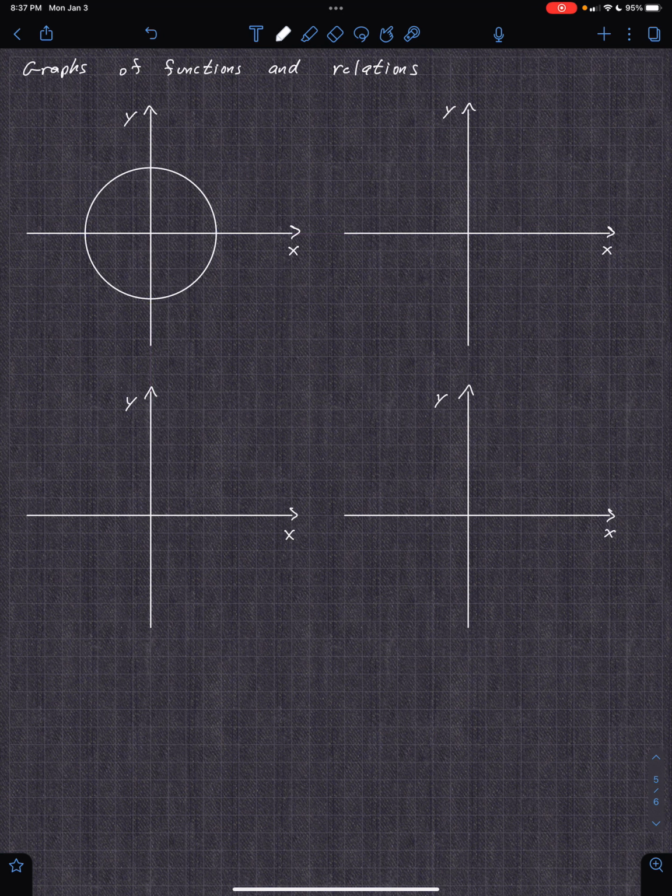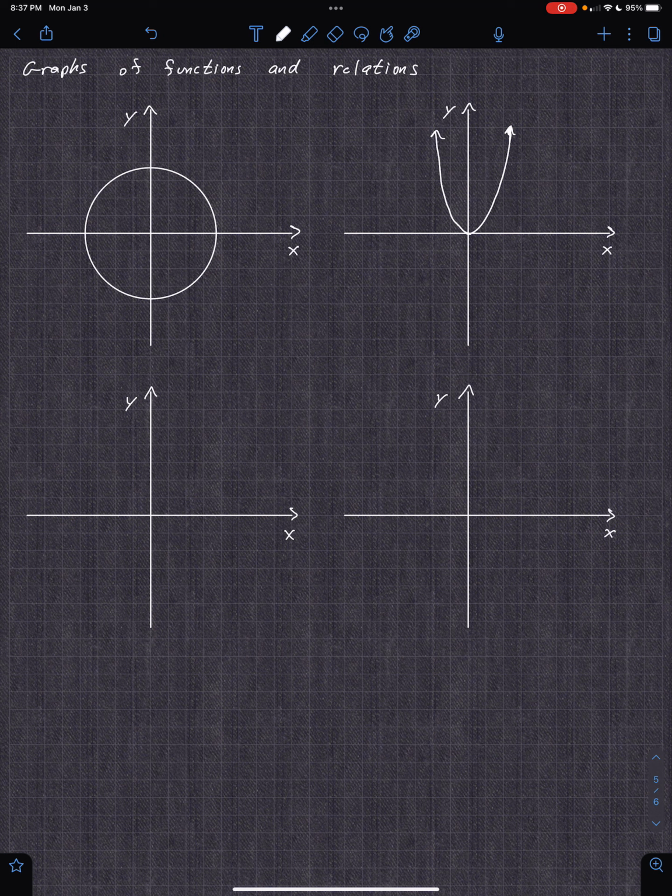Okay, so a circle. And let's go and draw in all the graphs. We'll do a circle, and then we'll do a parabola, like this. It doesn't have to be perfectly drawn or to scale, just draw. And the parabola needs to be symmetric, but don't worry about that.